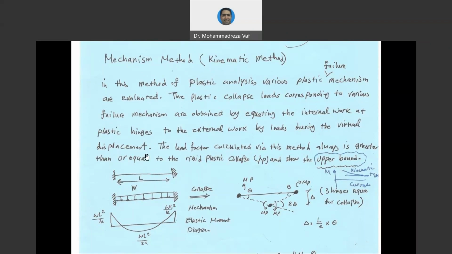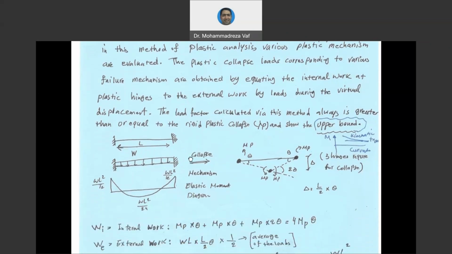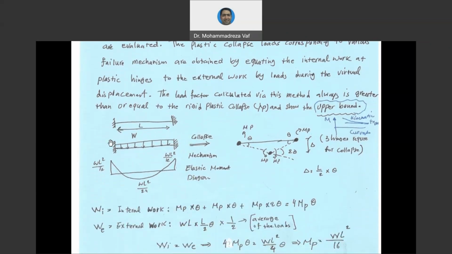Before this, we had a point load, and right now we want to see how we can use this kinematic approach to calculate the W critical under fixed support condition. As we said, since we have only a beam here, in order to calculate the critical load we need to have three hinges. And these three hinges are going to happen when our bending moment reaches MP.